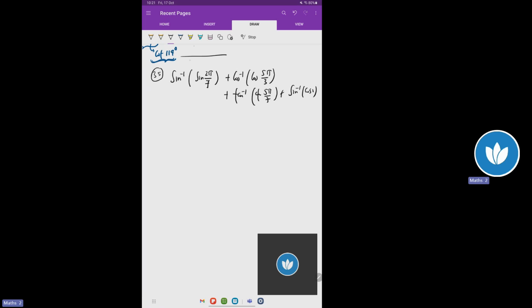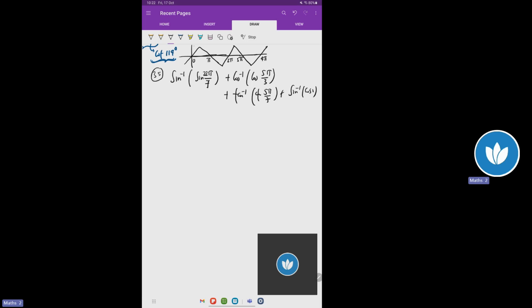Now how can we find sine inverse sine? Let's use the graph of this. The sine inverse sine graph is like this. So this is 0, pi, 2 pi, 3 pi, 4 pi.